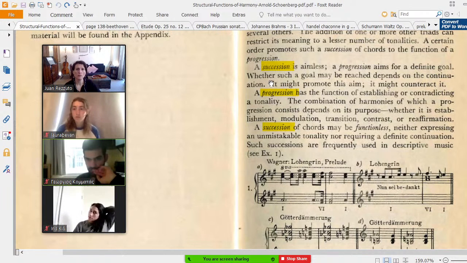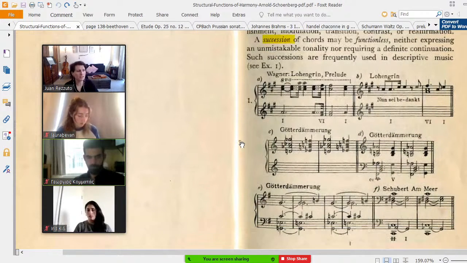Whether such a goal may be reached depends on the continuation, chord by chord by chord. It might promote this aim, it might counteract it. For example, give me an example of a progression that counteracts the aim. Or let's start simpler.